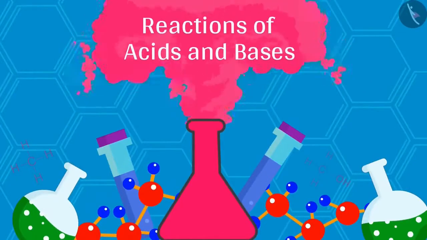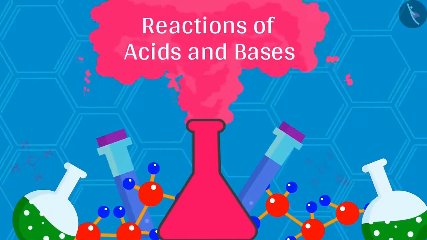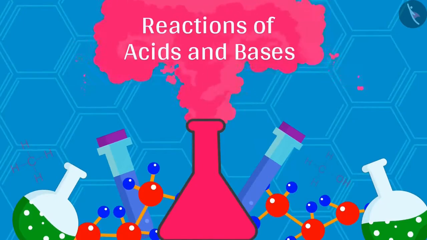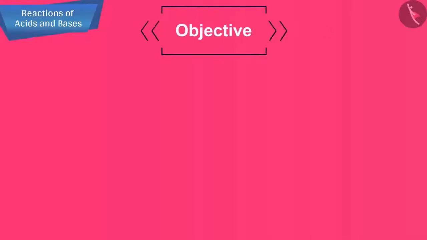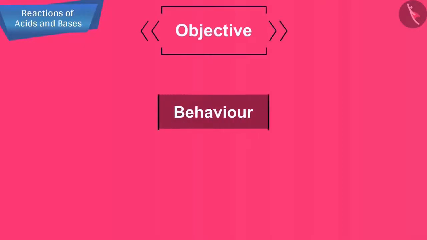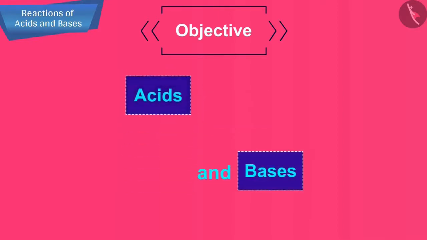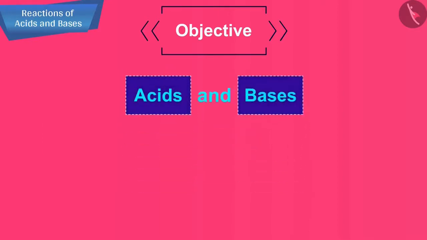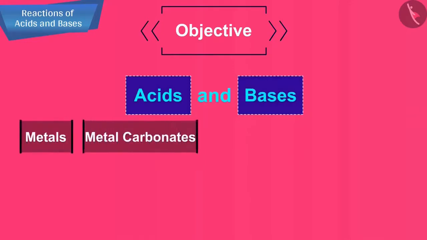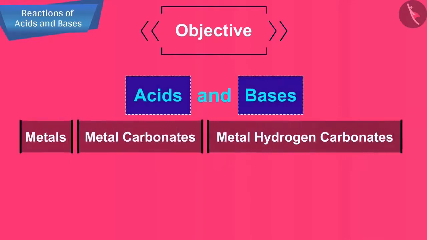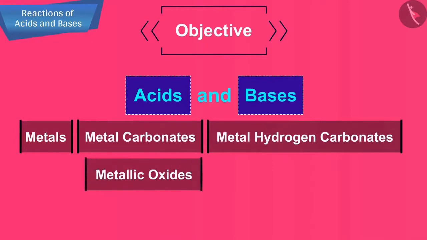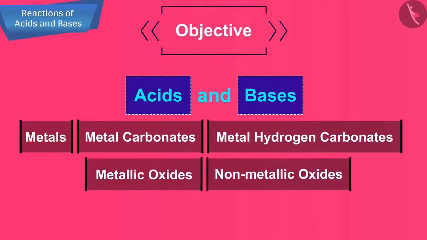The topic that we are going to cover in this session is reactions of acids and bases. In this video lesson, we will understand the behavior of acids and bases in a better way and understand how acids and bases react with metals, metal carbonates, metal hydrogen carbonates, metallic oxides and non-metallic oxides.